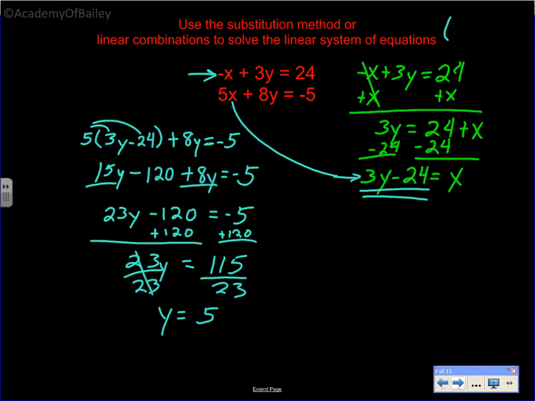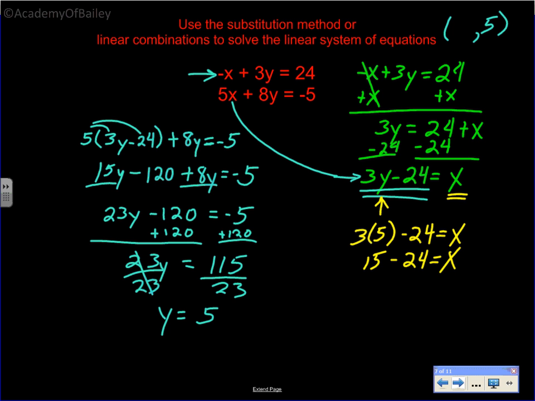Okay, so in the upper right-hand corner, we're going to go ahead and write part of our answer. y is equal to 5, so we put that there. And since we know that y is equal to 5, we plug it right in there and we can solve it out for x. So we say 3 times 5 minus 24, that's going to be equal to x. 3 times 5 is 15.